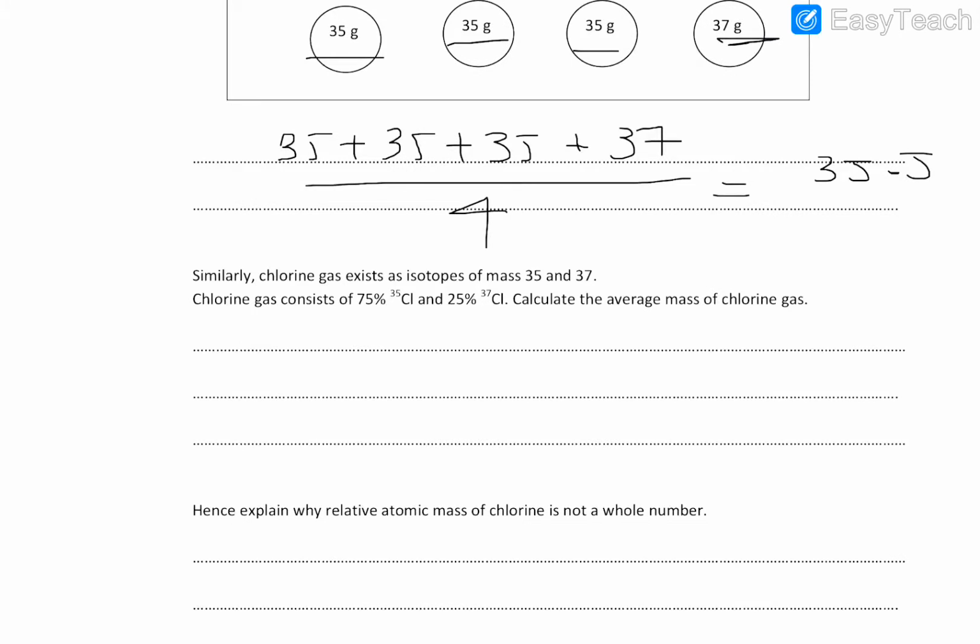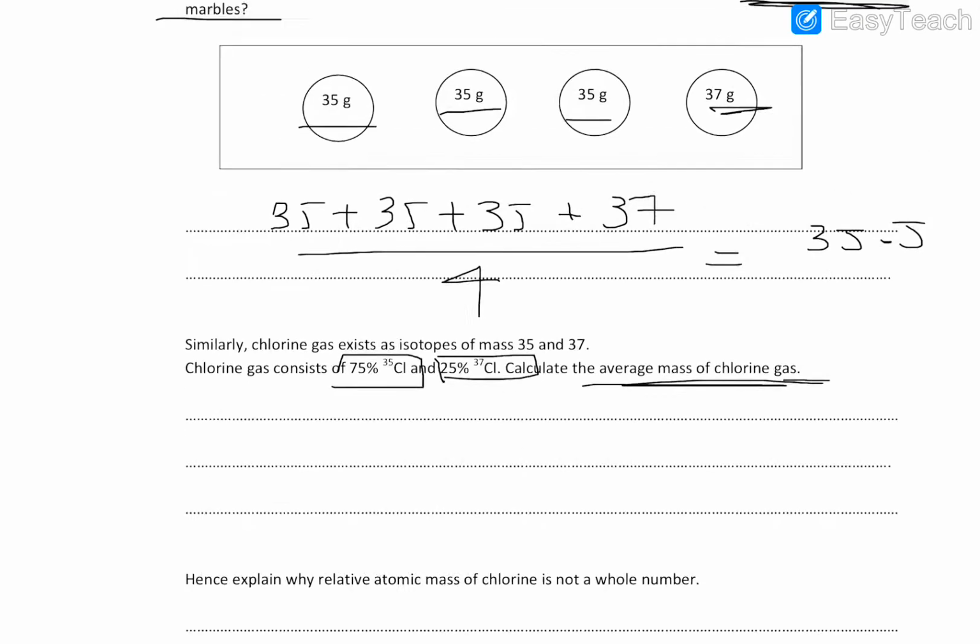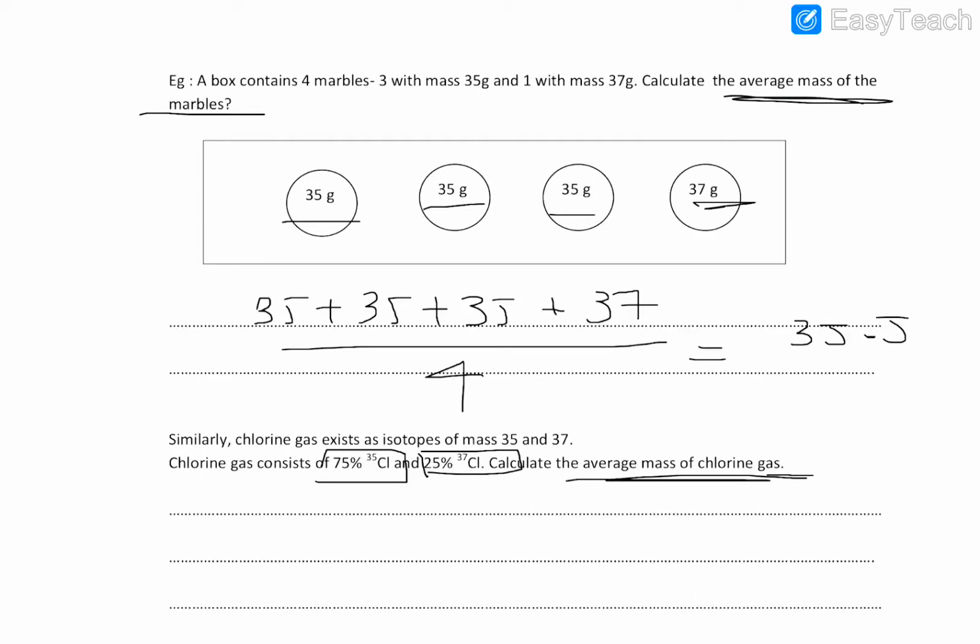Similarly, chlorine exists as 75% of chlorine 35 and 25% of chlorine 37. You need to find the average mass of chlorine gas. Here we were dividing by 4 because there's a total of 4.